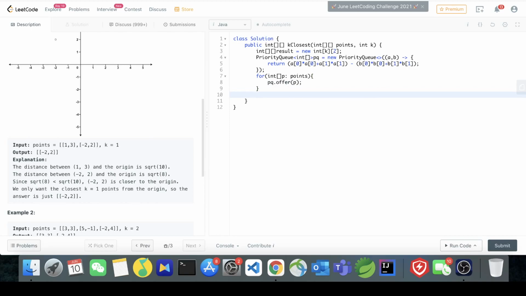And then after they are sorted in ascending order, we can pull out the point from the priority queue and add it to the result array.